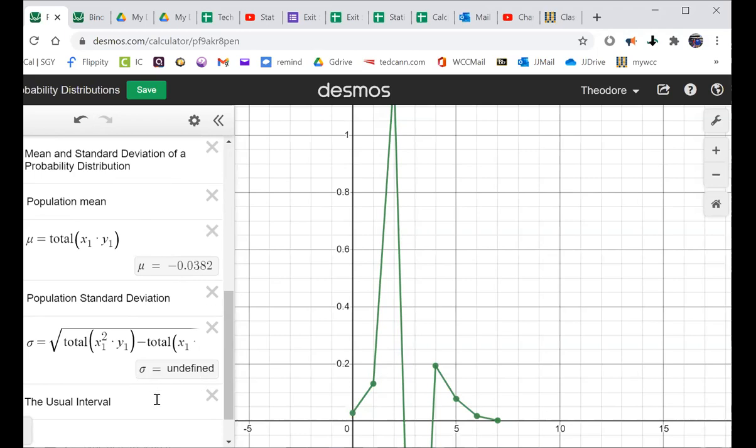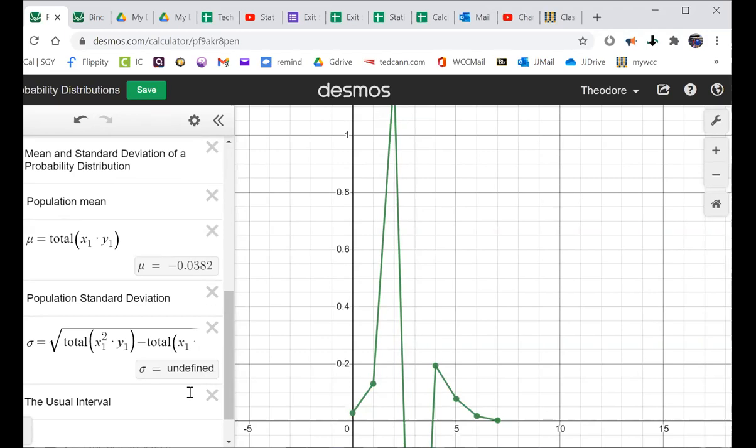Standard deviation, undefined. Just write it down, move on. All right, not right. Especially the standard deviation, because if it says undefined, that should be a red flag. All right, so a second red flag. But it is possible to have a mean that's negative, but your standard deviation should never be undefined.